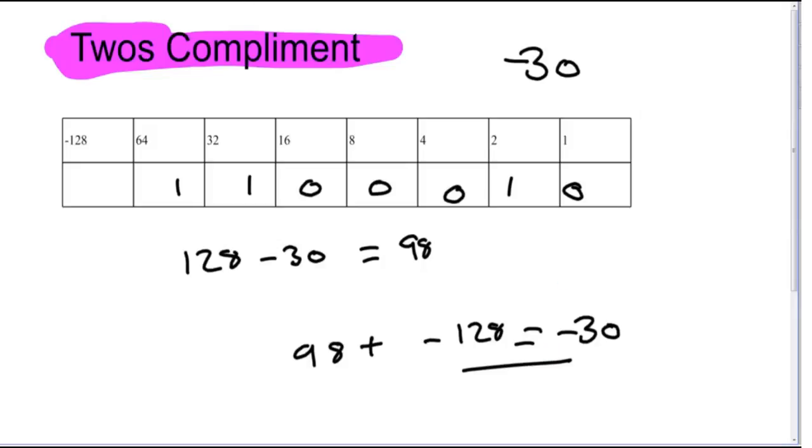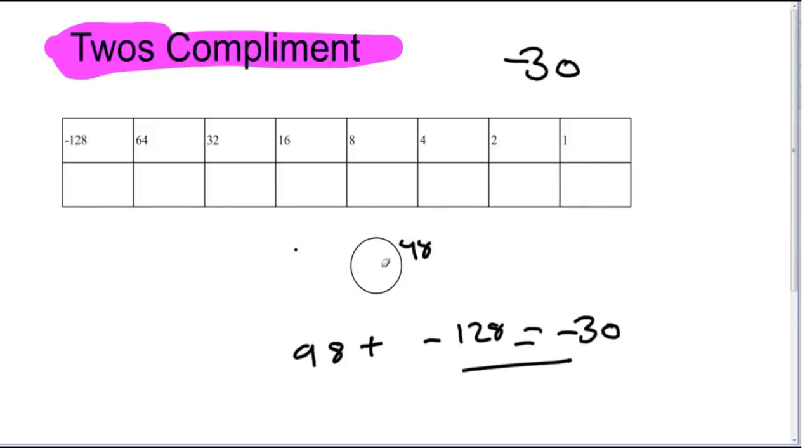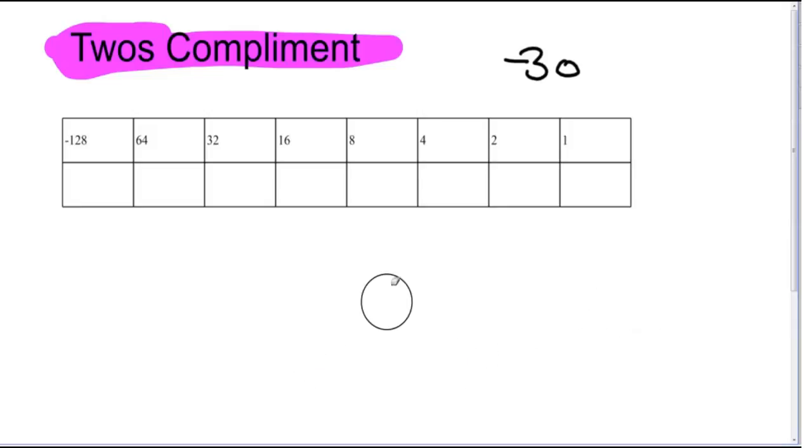Just a few other things that I'll make you aware of. If we really think about it, the largest number we can make on this 8-bit word length is a 0 followed by seven 1s. And this is 127, because if this was 0, we just add all these numbers together and we've got 127.